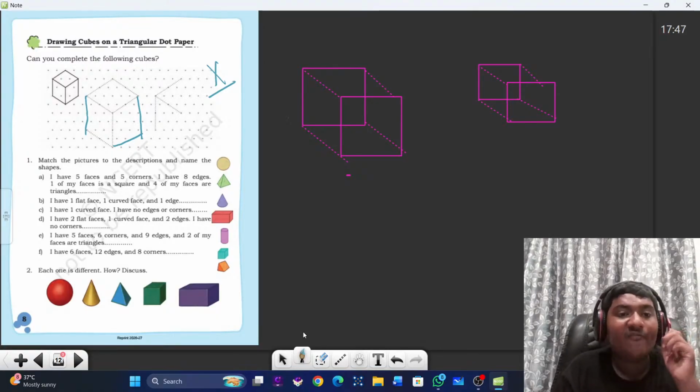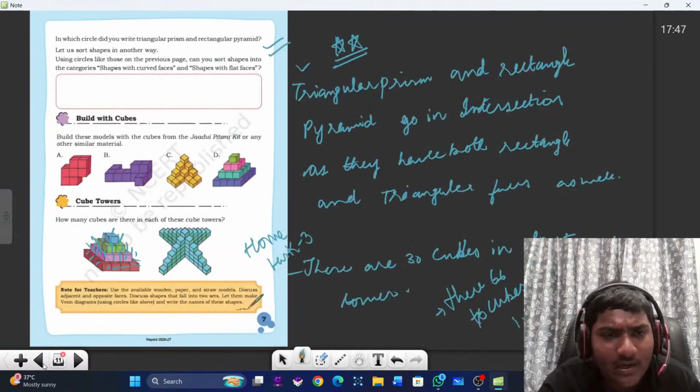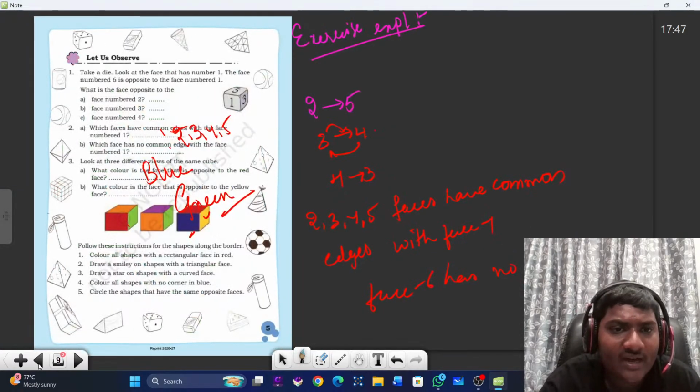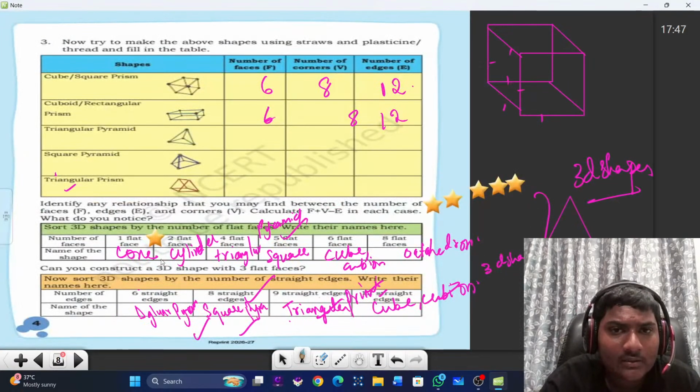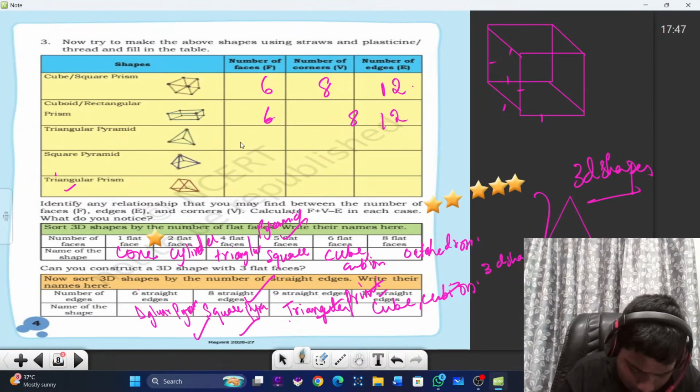I have five faces, five corners, and eight edges. So, shall we go to the previous table that we have done? Yes, triangular pyramid. I did not answer this one. Please wait. The table, right?